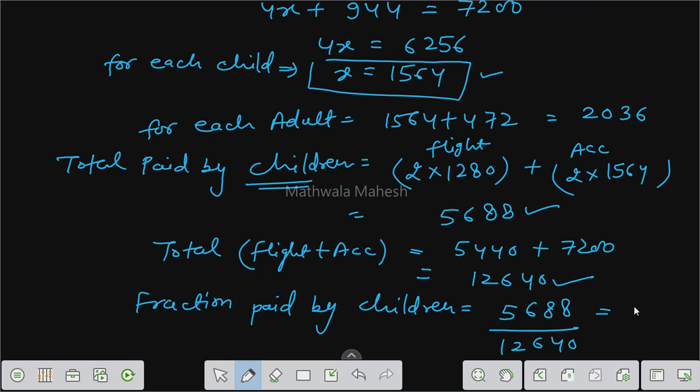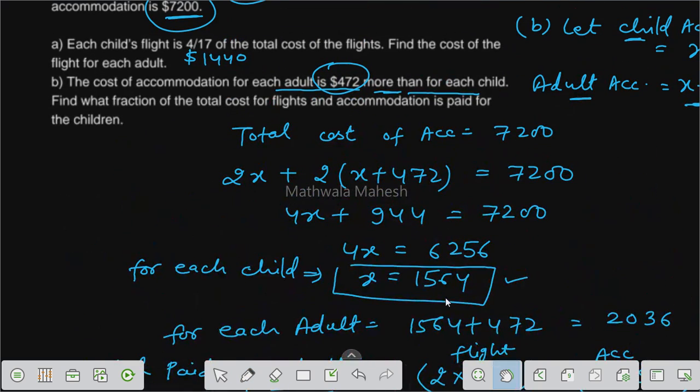And if we solve this, we will find 9 upon 20. Okay, so this is the fraction, and this is our answer, 9 upon 20.